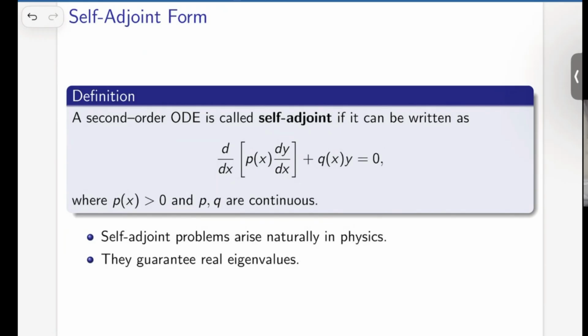Why are we doing self-adjoint? There is a well-known result that eigenvalues for a self-adjoint differential equation are always real.